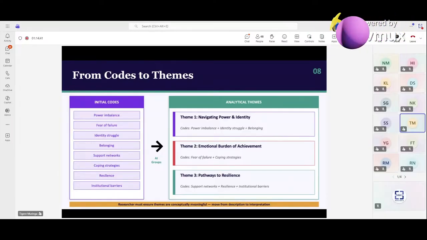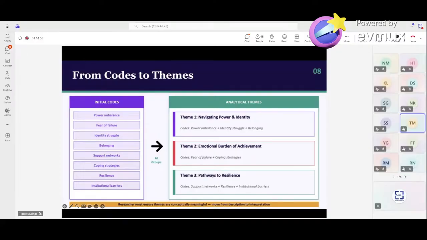So it brings, for example, power imbalance, identity struggle, and belonging into a single theme. Now the theme becomes navigating power and identity. So all this happens through the prompting that you'll be doing, right?